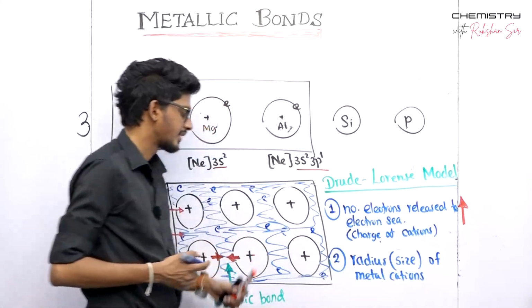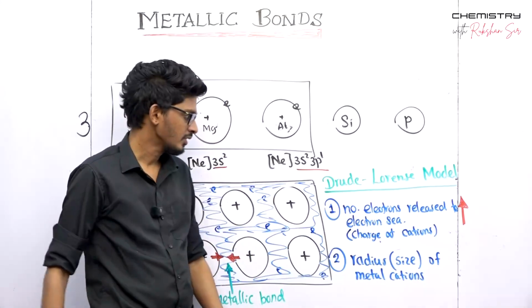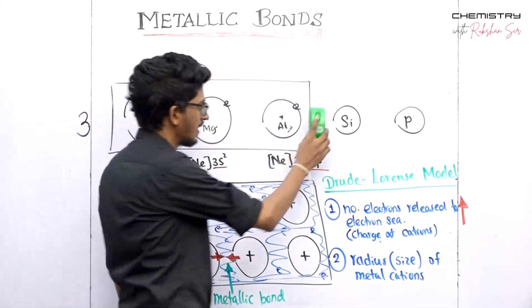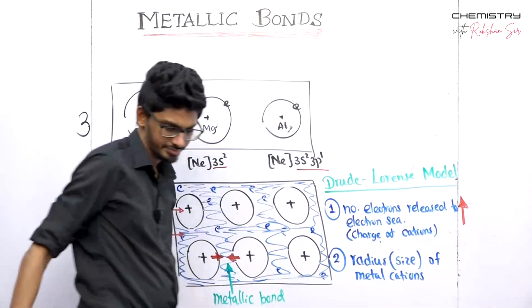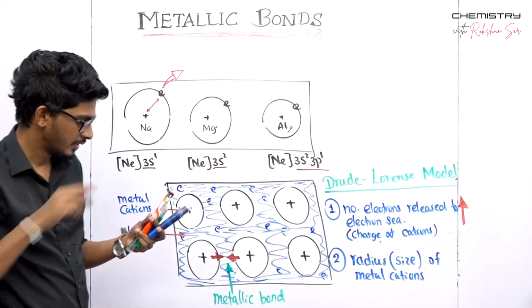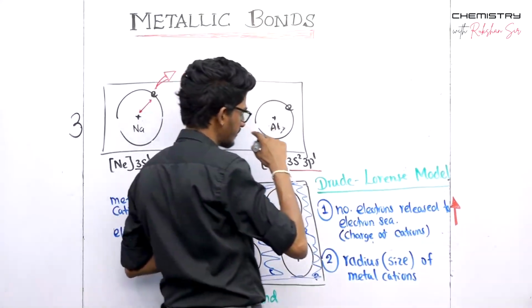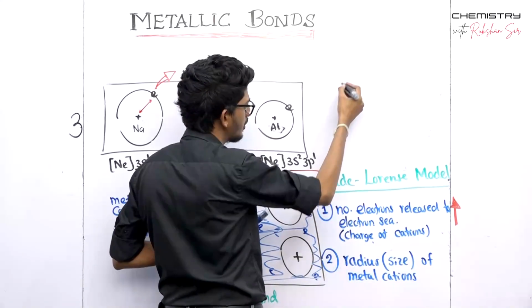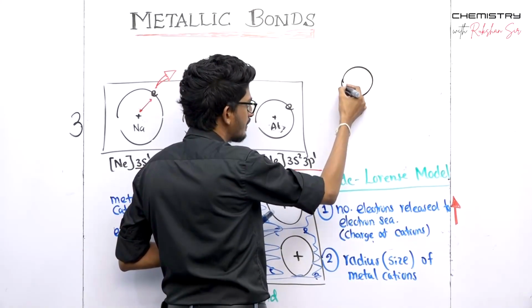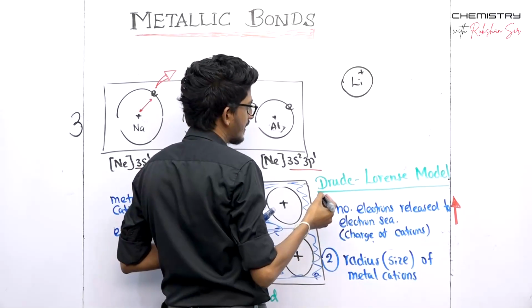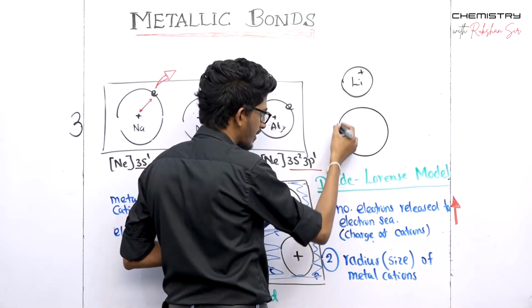So let's compare two situations, lithium and sodium. Lithium produces +1 charge ions, and sodium as well produces +1 charge ions.